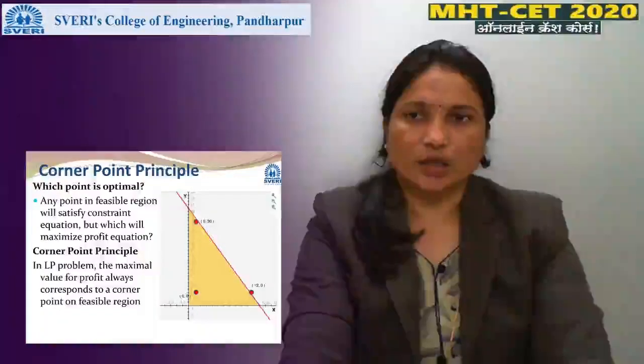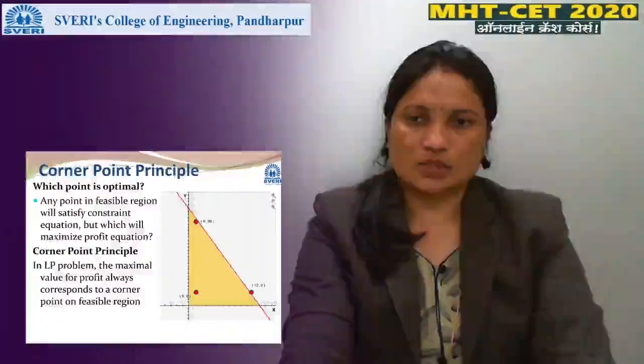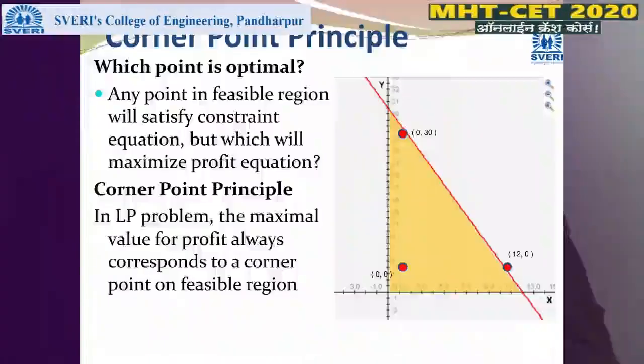Then, the corner point principle. Which point is optimal? Any point in the feasible region will satisfy the constraint equation, but which will maximize the profit equation? The corner point principle in a linear programming problem says the maximal value for profit always corresponds to a corner point of the feasible region.